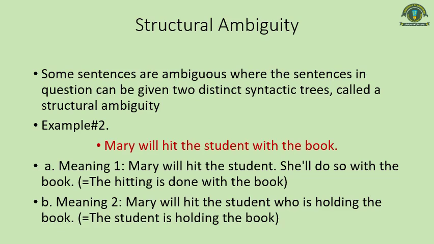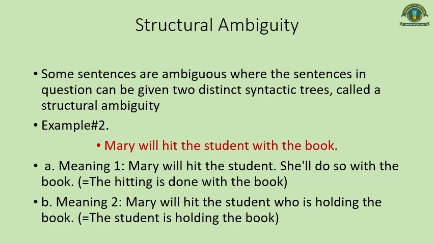For example, Mary will hit the student with the book. In this sentence, meaning one can be Mary will hit the student and she will do so with the book, which means the hitting is actually done with the book. But meaning two of this sentence can be Mary will hit the student who is holding the book, which means that the student is actually holding the book.